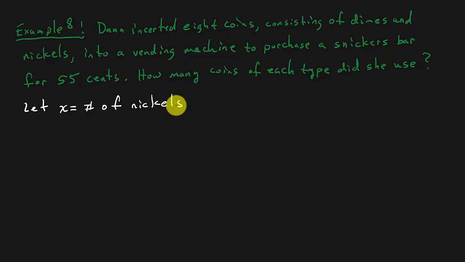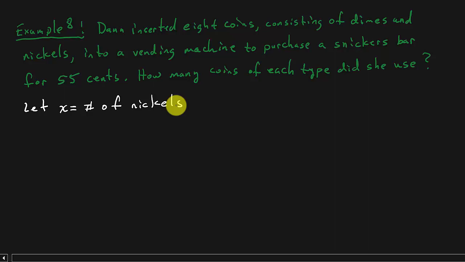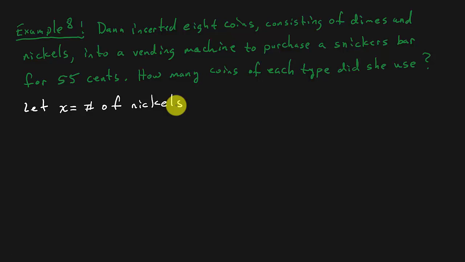Just let x equal one of them. In this case, it doesn't matter. If you remember before, I said let x equal the one that they don't give you any information about. When we did the rectangle, I let x equal, I think it was the width. But in this one, they don't tell us anything about dimes. They don't tell us anything about nickels. So just pick one.